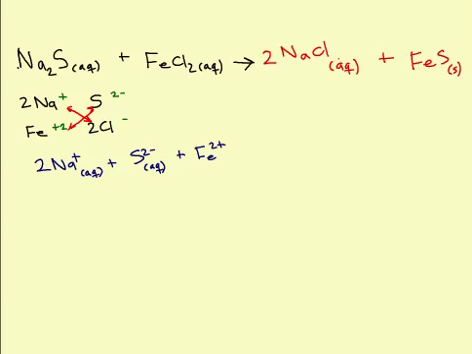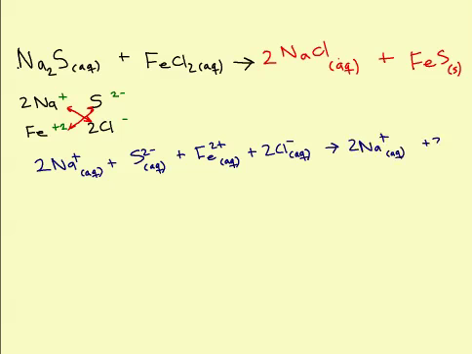My iron 2 chloride is also AQ, so that's going to be separated into 2 chlorides and 1 iron 2. On my product side, I have sodium chloride as AQ, and 2 of them, so I have 2 sodiums and 2 chlorides. I'll have to write my AQ underneath there. And then my iron sulfide is not dissolved, so it stays together. So here's my complete ionic equation.